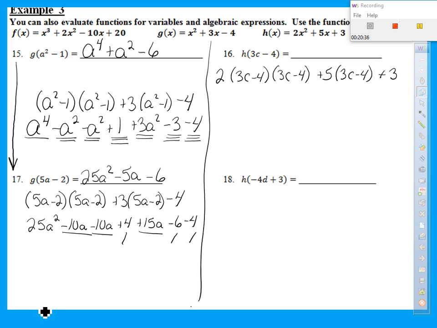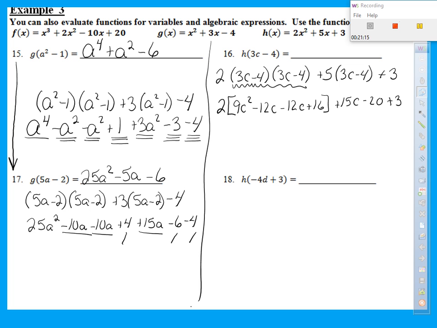Now, what I'm going to do, guys, is this. I'm going to take care of this part first. And then after I get that, I'm going to distribute a 2. So I'm going to put a little bracket right here. And then let's FOIL out the 3c minus 4. 3c times 3c is 9c squared minus 12c minus 12c plus 16. Let's distribute the 5 and get 15c minus 20 plus 3.